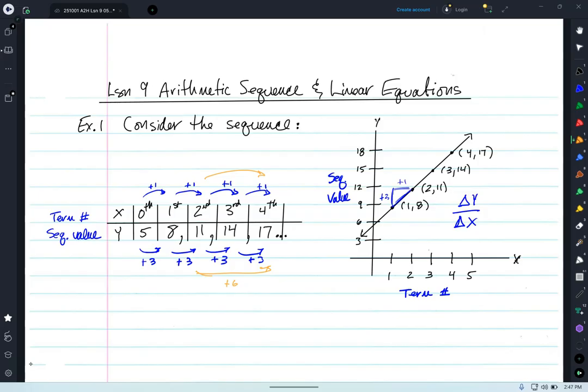So this would be an increase of 2 term numbers. So let's look at it here. From here to here, this is plus 2, and this is plus 6.